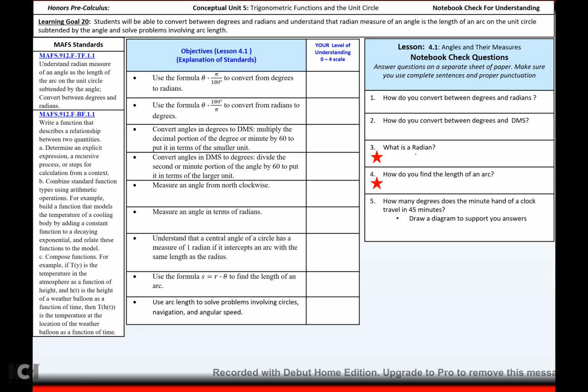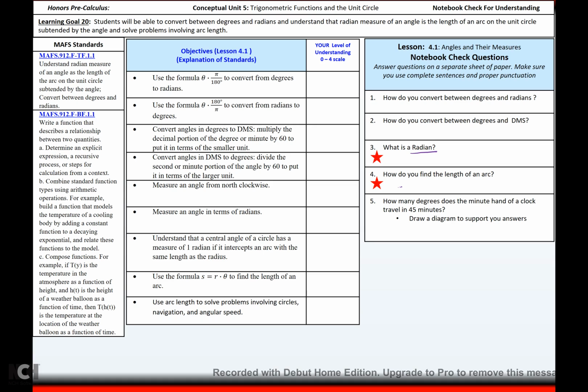Alright, so what is a radian? Just use the definition from the book. How do you find the length of an arc? Well, you have two different formulas.